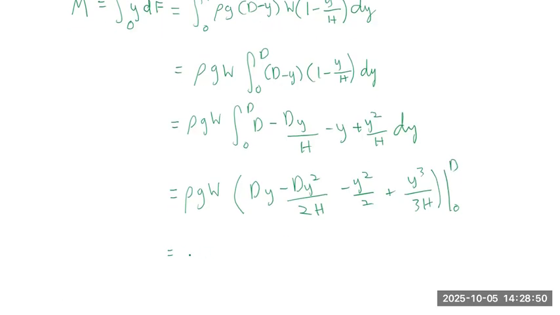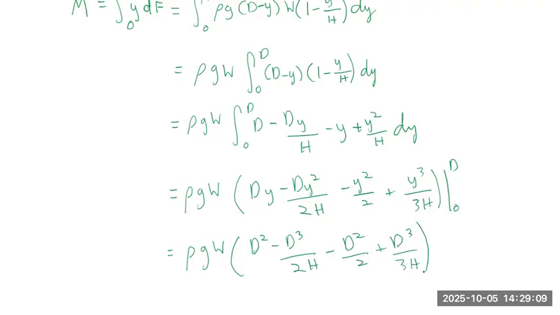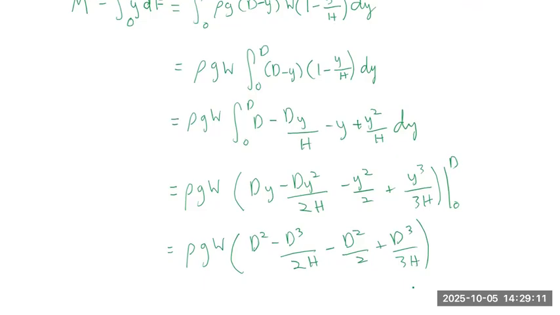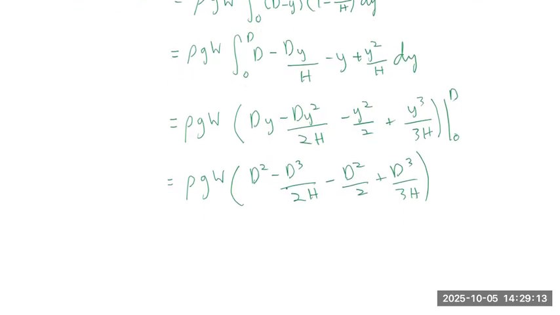We are thus left with rho g w times d squared minus d cubed over 2h minus d squared over 2 plus d cubed over 3h. We can combine like terms, d squared and d cubed.